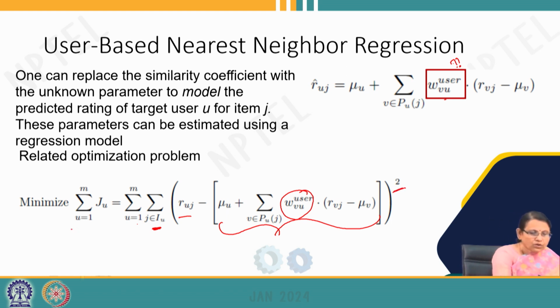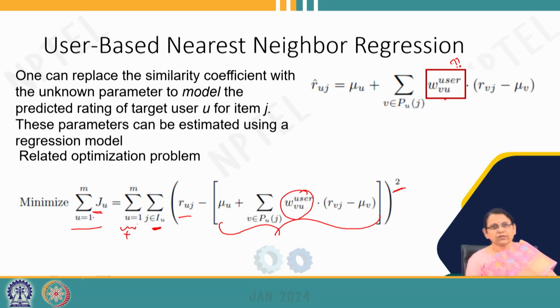So, for all the users taken together we can minimize this, or for individual users also we can minimize this one. In that case, this particular term will not exist and we will be doing it only for this term. So, for individual users we can do it, and in this particular case we have shown that taking all the users together we can also have this optimization problem.